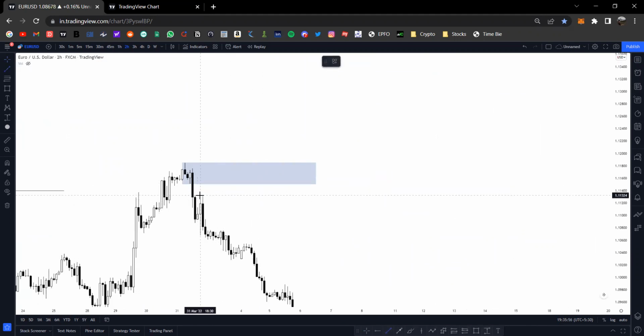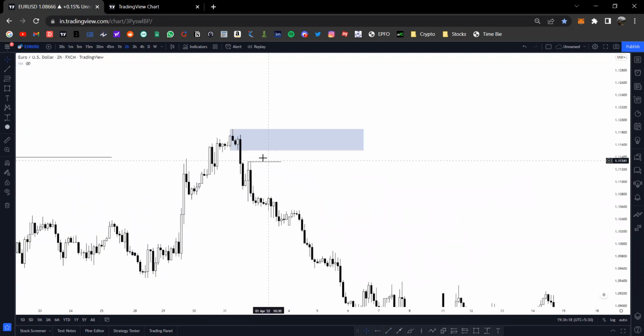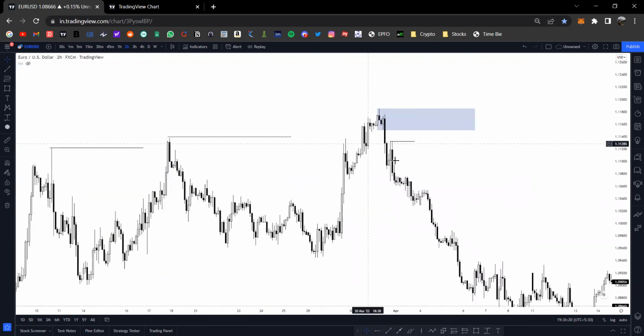This was the last imbalance, this was the last candle, and we have some sort of imbalance.